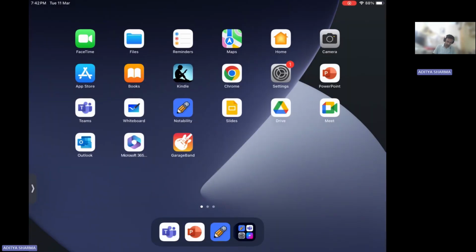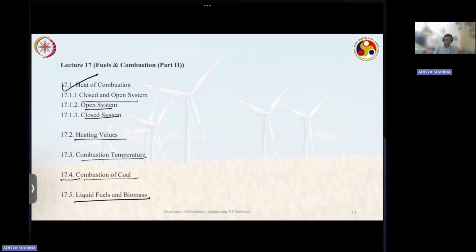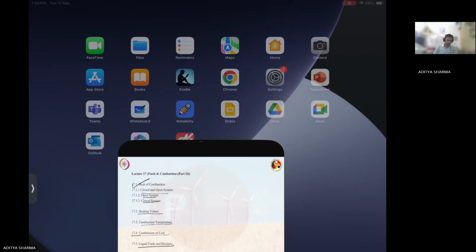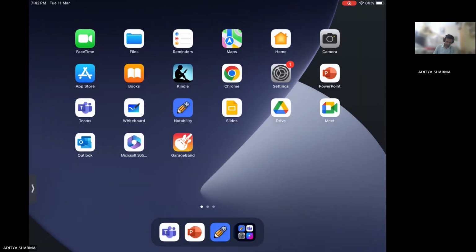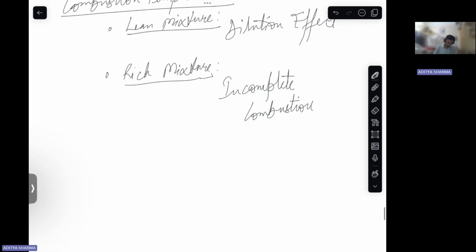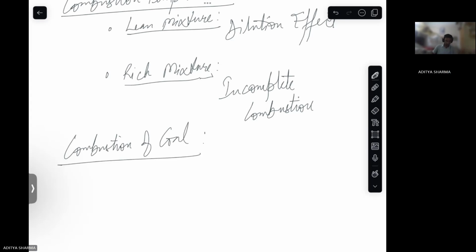Then the next topic is combustion of coal. In the combustion of coal, what happens to your carbon? It gives you this. What happens to your hydrogen?